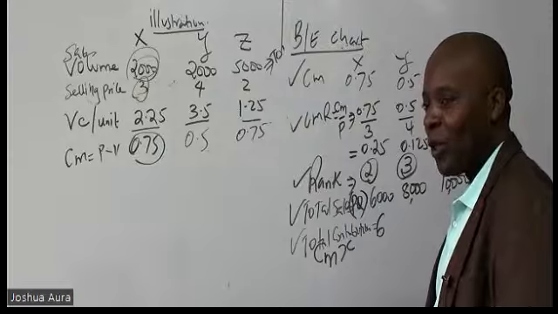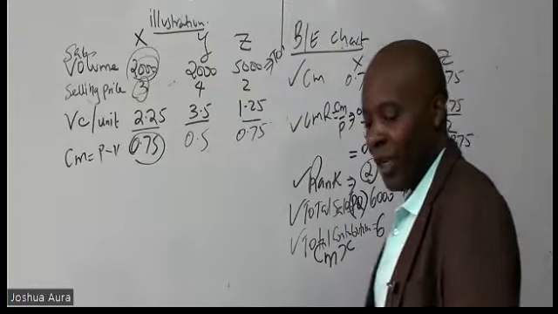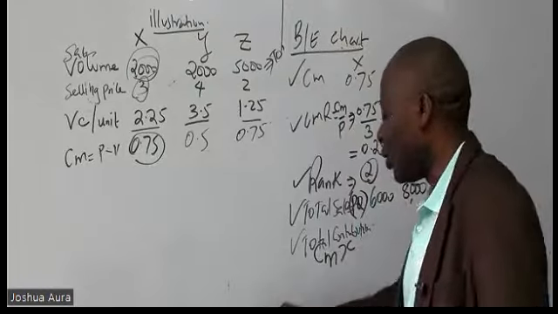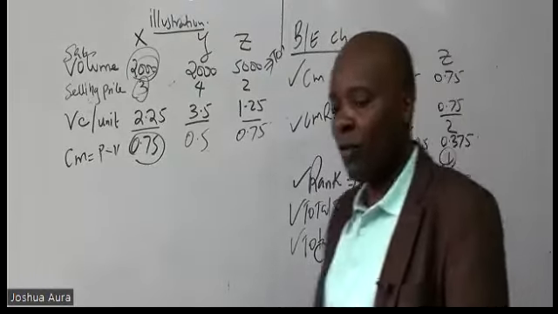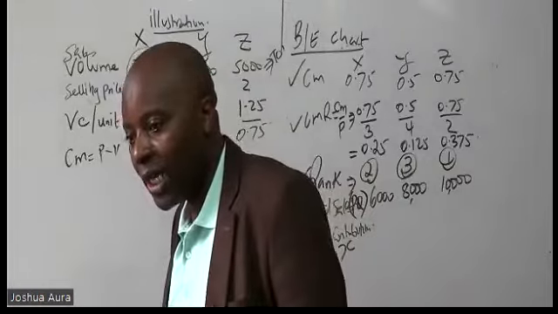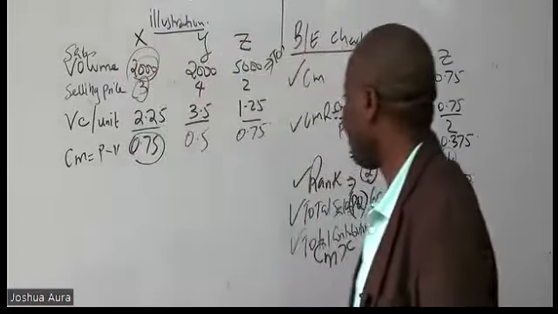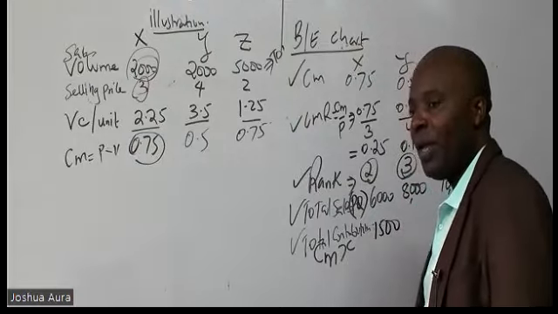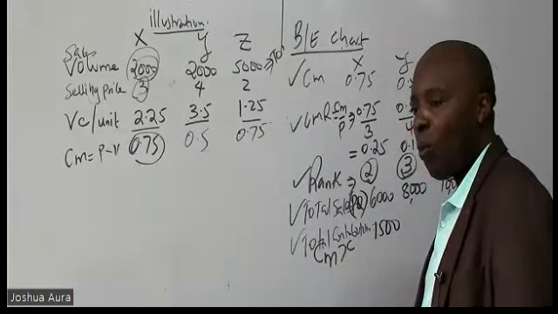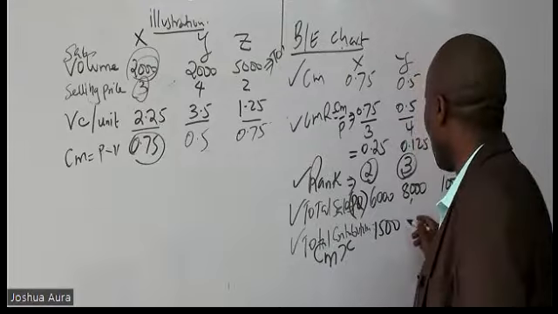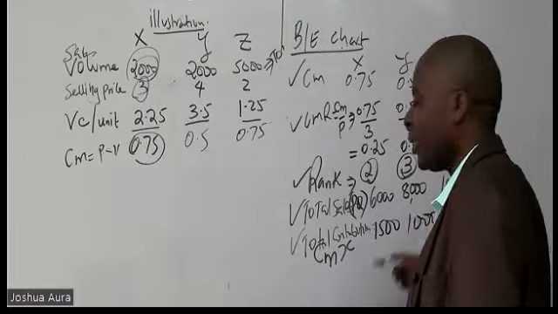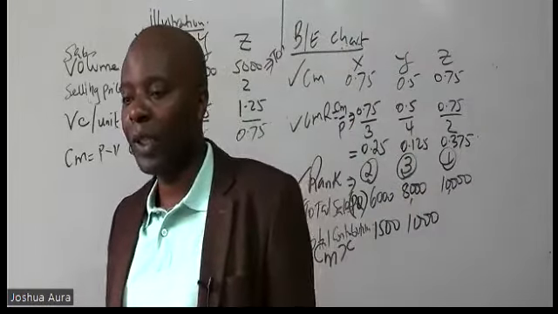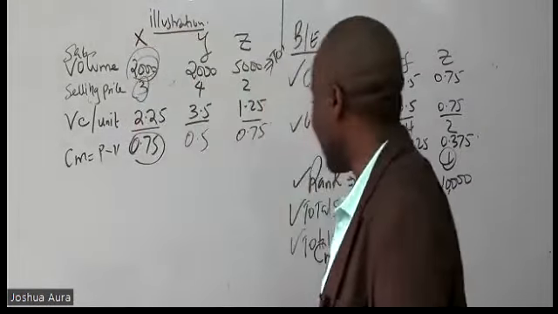Those were figures for sales. For total contribution, I can see 1,500, thank you very much. And then the second one will be 1,000, I'm told. And the last one is 3,750.